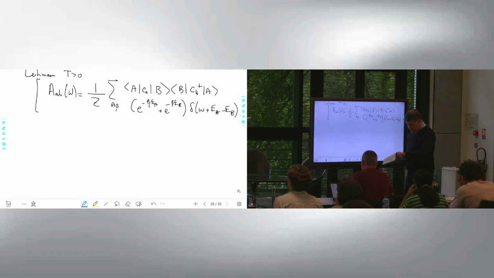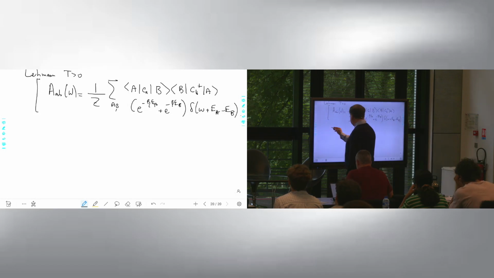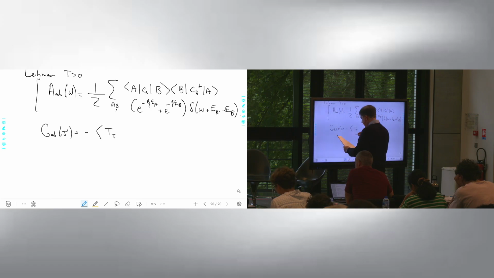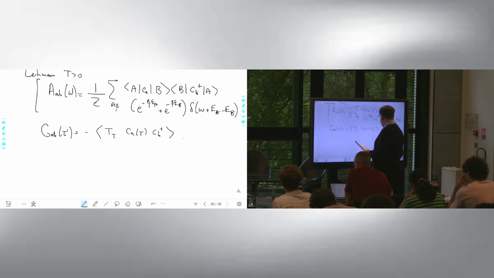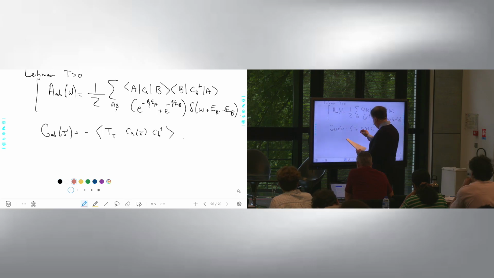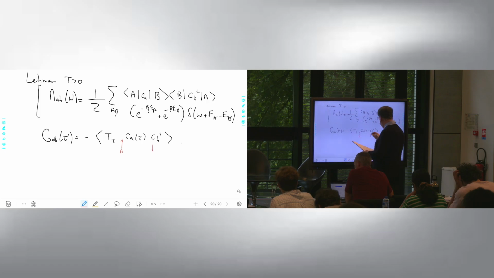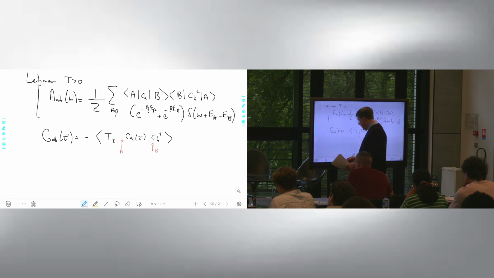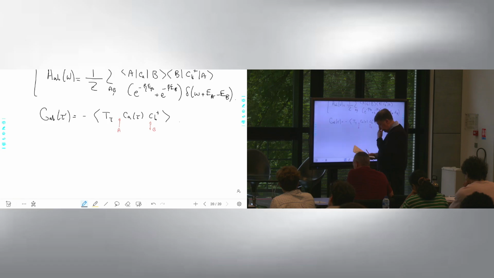Now, what I'm going to do is to take the Green function GAB of t. And that function is CA of t CB dagger. And what I'm going to do here is the same. I am going to insert two operators, A and B, and do a decomposition, and obtain the following results if I do that.